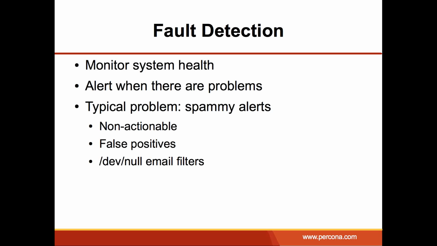I've seen many cases where someone changes the firewall rules and the alert system is not able to send emails anymore. And nobody actually notices because they were all filtering those alerts out anyway. And so something that has happened to us many times is that a system will crash because of a full disk or something like that.